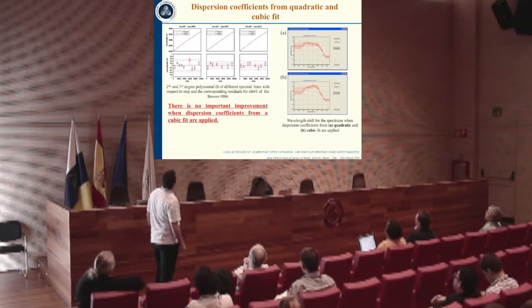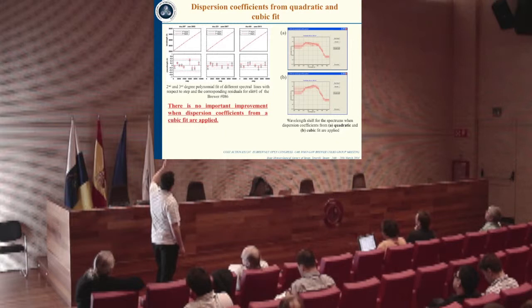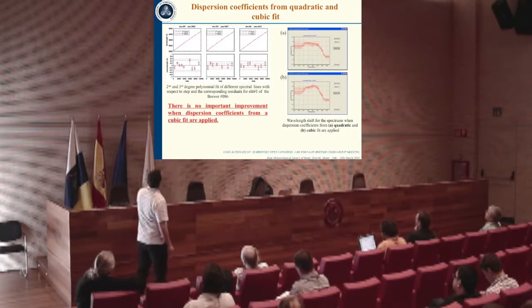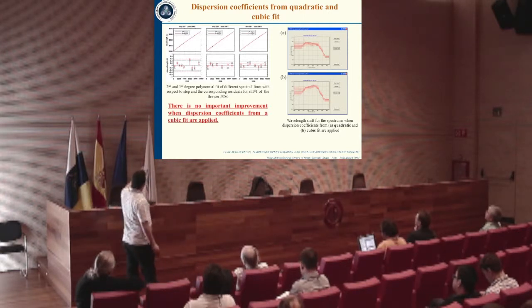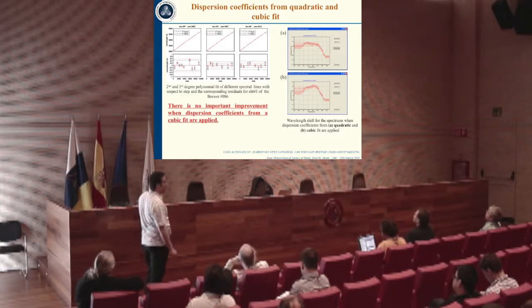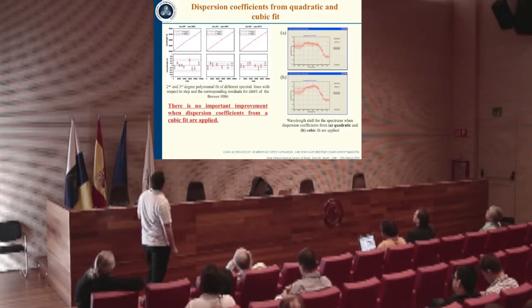In this final slide, we try to check the dispersion coefficients from a quadratic and from a cubic fit. In the upper graphs, you can see the quadratic and the cubic fit of the lines of mercury and cadmium.